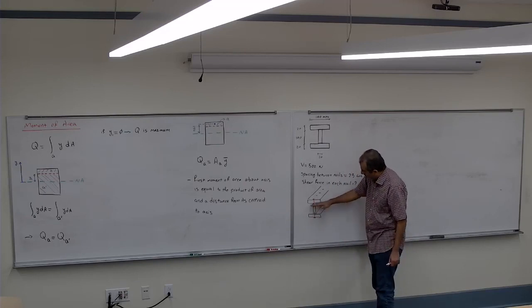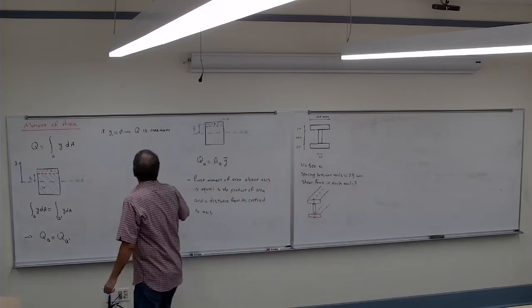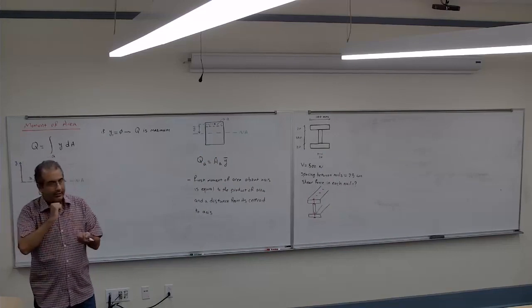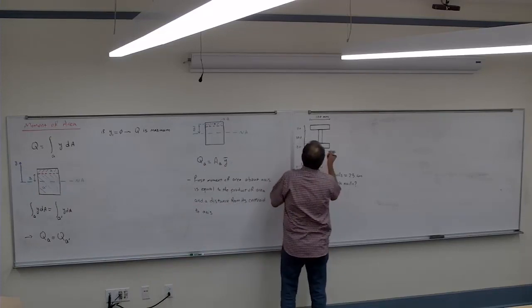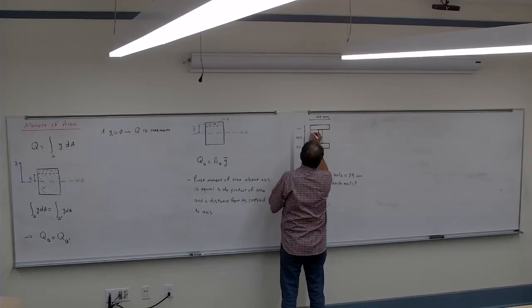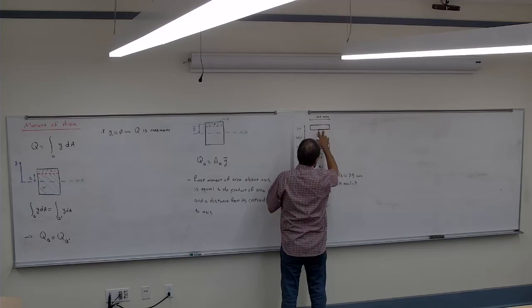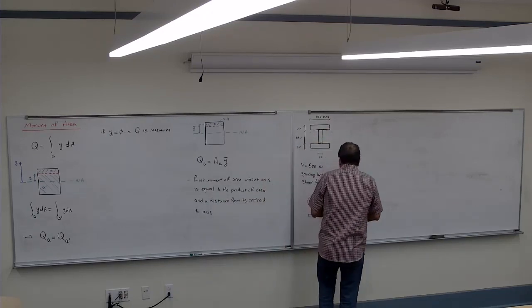So I want to find the shear stress horizontally at that point. That red line is going to be the interface of the top and the middle. I want to see what happened there in that interface between the two.